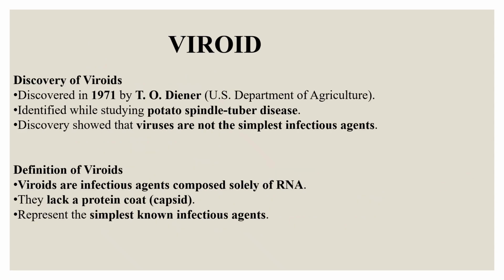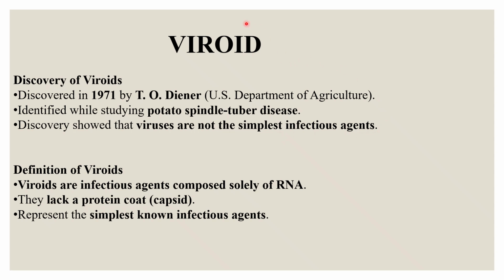So, coming to the viroids, these were discovered in 1971 by T.O. Diener. It was identified while studying potato spindle tuber disease. The discovery showed that viruses are not the simplest infectious agent.